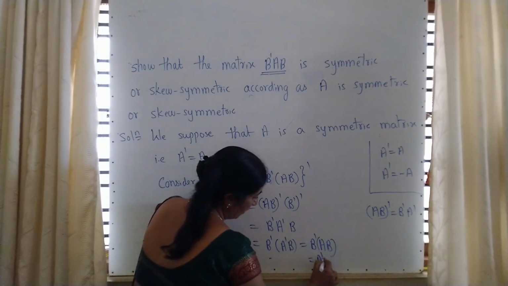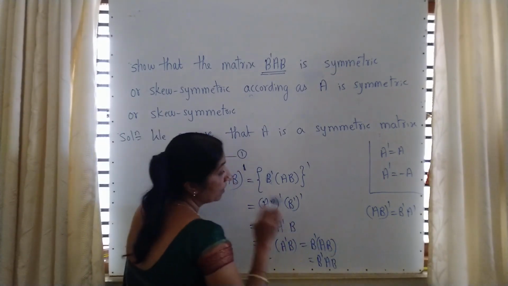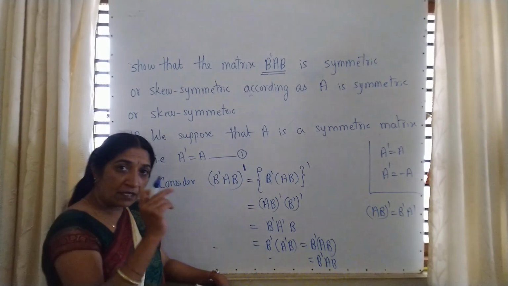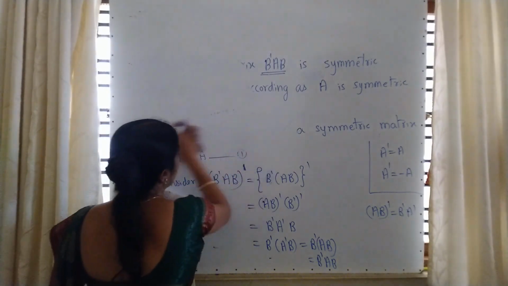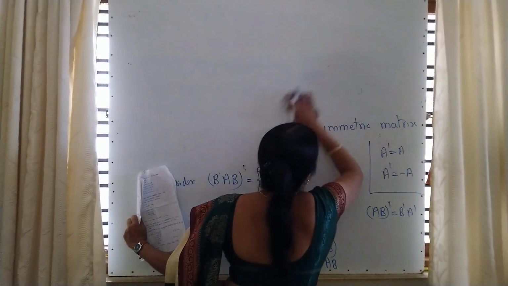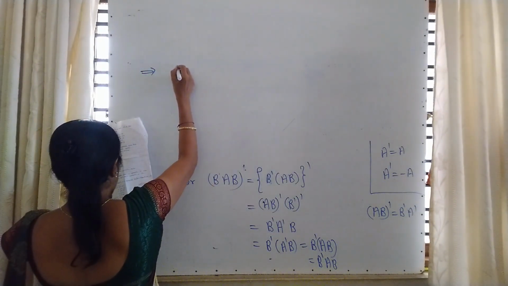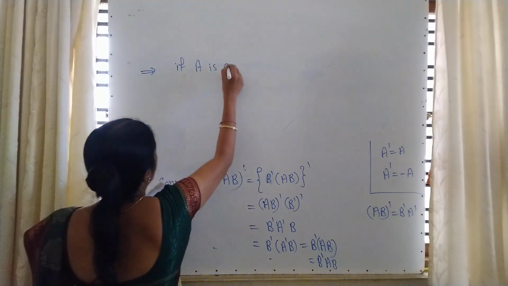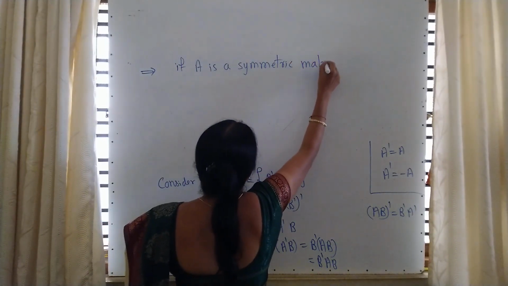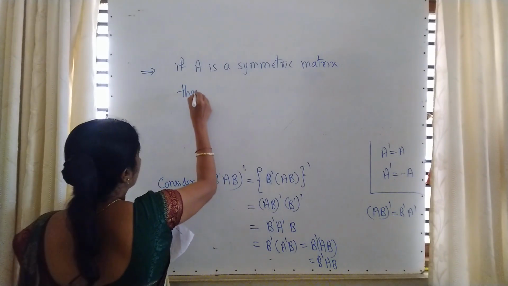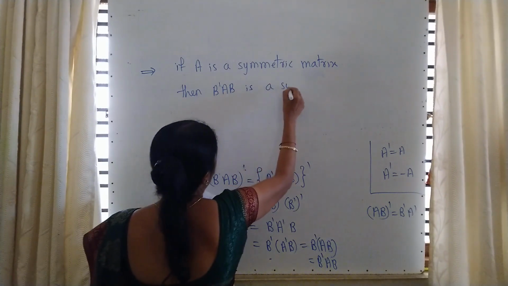So it is B transpose A B. Even though you took the transpose, we got the same result. Same result means it shows that it is a symmetric matrix. This implies if A is a symmetric matrix, then B transpose A into B is a symmetric matrix.